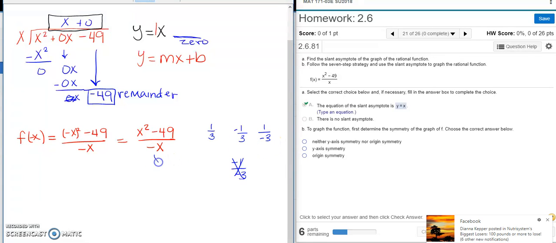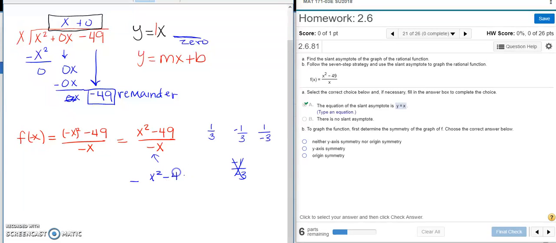So since the bottom changed signs, this is equivalent to the opposite of what we started with, right? I can pull that negative out front and write it like this. This is the opposite of what we started with, so that makes it origin symmetry.